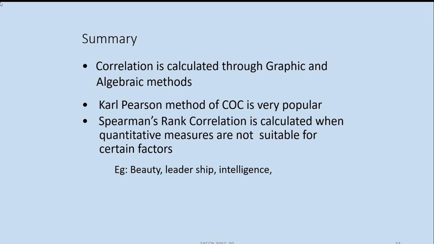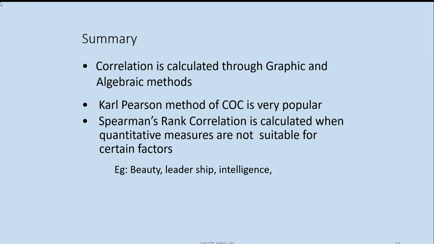Among the two methods we have seen, Karl Pearson's coefficient of correlation and Spearman's rank correlation, Karl Pearson is more popular and widely used. Spearman's rank correlation is calculated when quantitative measures are not suitable.